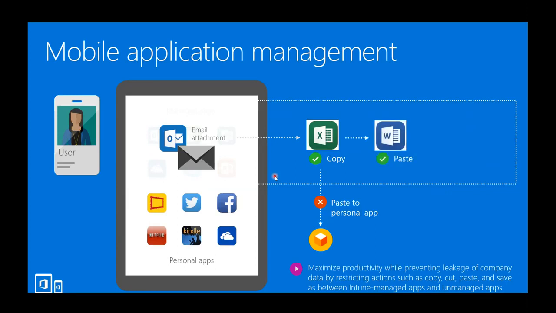The paste option will work. Let's say you try to save the file to a personal OneDrive. It will block you, and the data can only be stored then in a corporate OneDrive. So this is a kind of application management that I can implement and keep over here to make sure that all my data is only being exchanged across the applications which are managed by my corporate compliance.